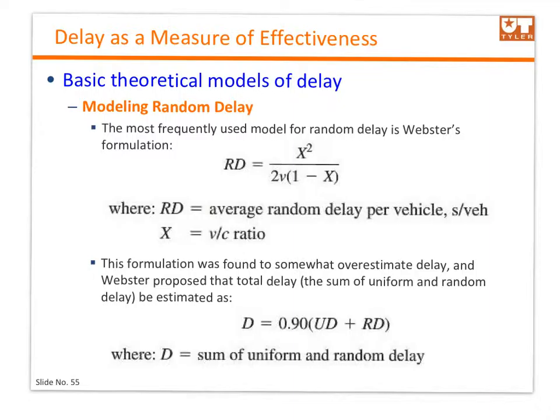Based on further research, this formulation was found to slightly overestimate the delay, and Webster proposed afterwards that the total delay, which is the sum of the uniform and random delay, must be estimated as this equation. D is equal to 90% of the sum of the uniform delay and the random delay.